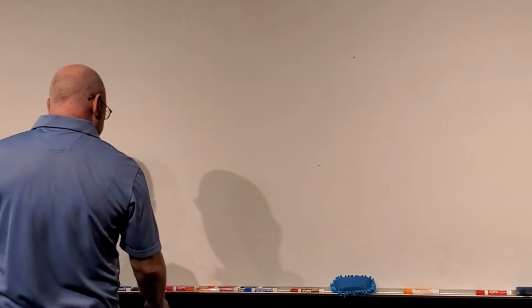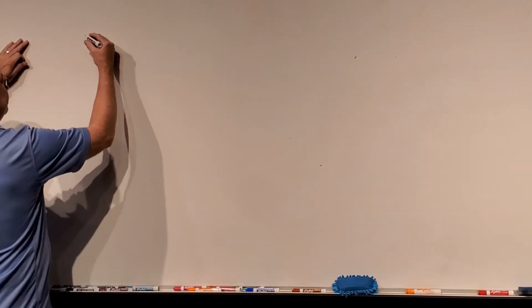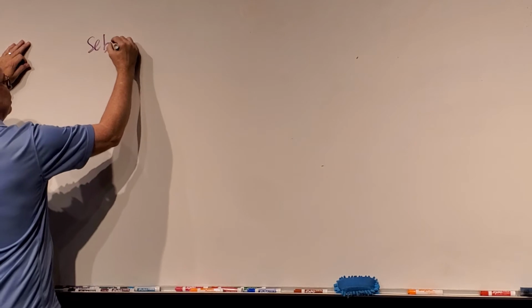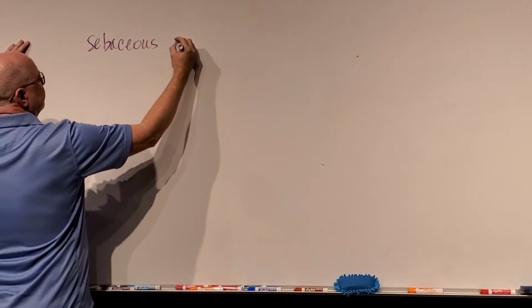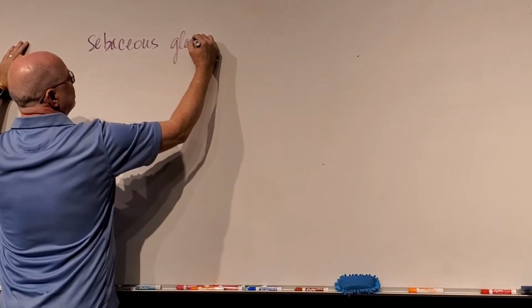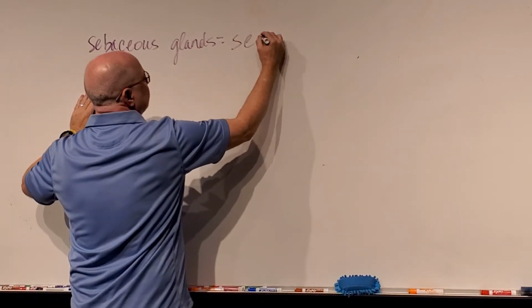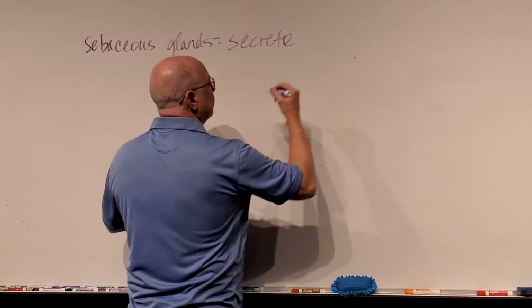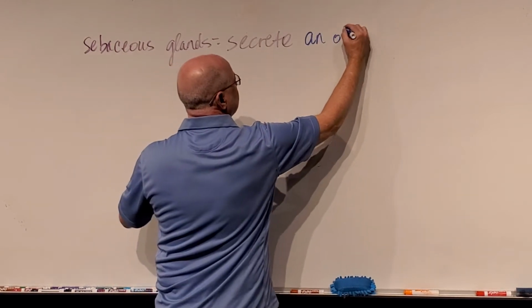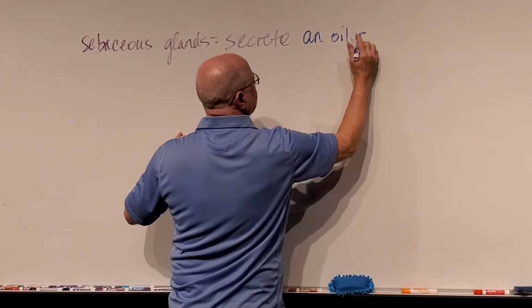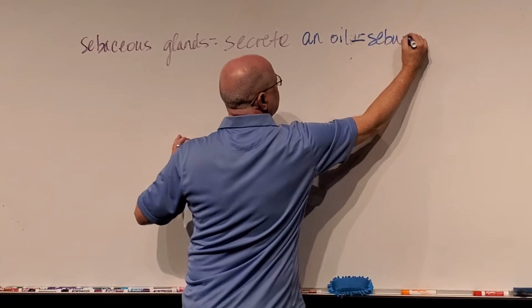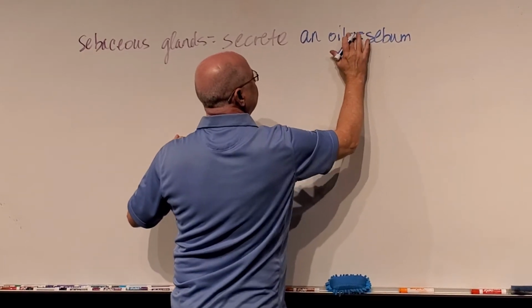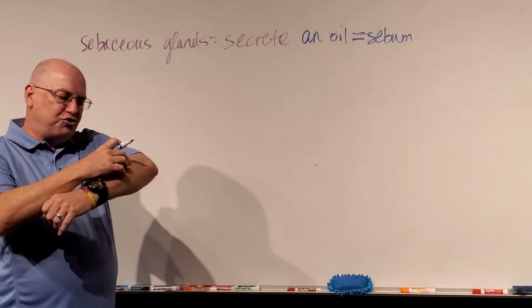Sebaceous glands are the glands that secrete an oil in our skin. So here's what you need to know about sebaceous glands. Sebaceous glands are called sebaceous glands because they secrete an oil called sebum. That sebum, that oil, prevents your skin from drying and cracking.